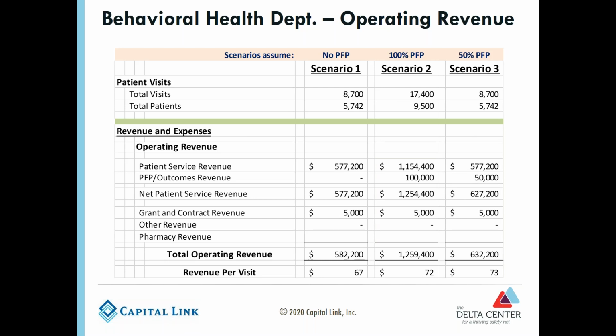On scenario one, which was the real stripped down entry level, we expected 8,700 visits, 5,700 total patients, and the revenue of 582,000 included a small grant that we had managed to get. Move over to the next column, and we did scenario two on the premise that there would be available pay-for-performance money.